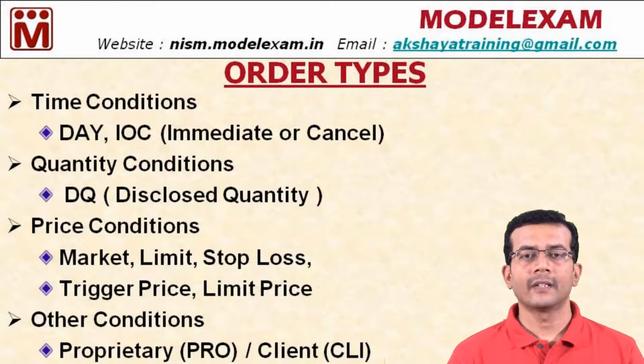So whenever the share price comes down to 95, a sell order will get into the system at limit price 94. So this stop loss limit order will actually sell all your shares at the prevalent market prices with the limit price as 94.